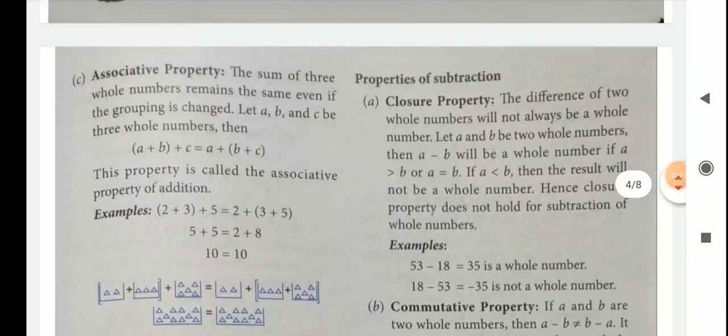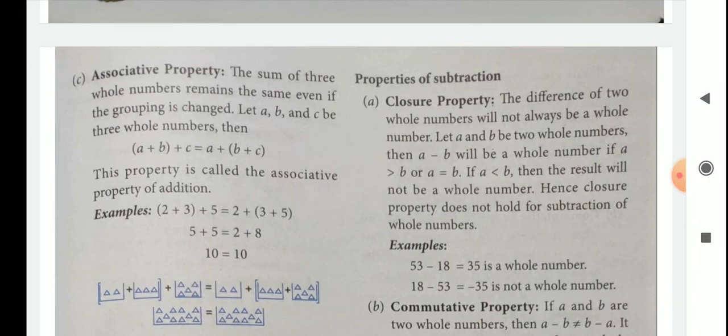Then comes the associative property. Associative property tells us that the sum of three whole numbers remains the same even if the grouping is changed. We write like this: (A plus B) plus C equal to A plus (B plus C).